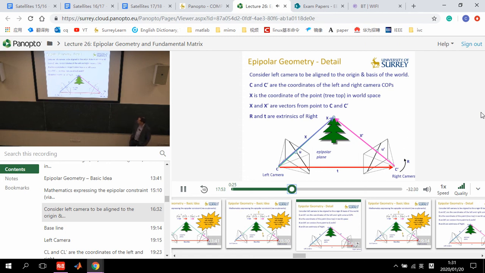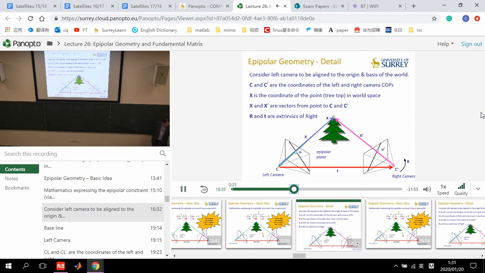For the right-hand camera, there is a rotation and a translation from the origin of the world, the world frame. So C is at the origin of the world, pointing down the z-axis. C prime is an R and a T off that origin, as any camera was that we talked about in the previous lecture.